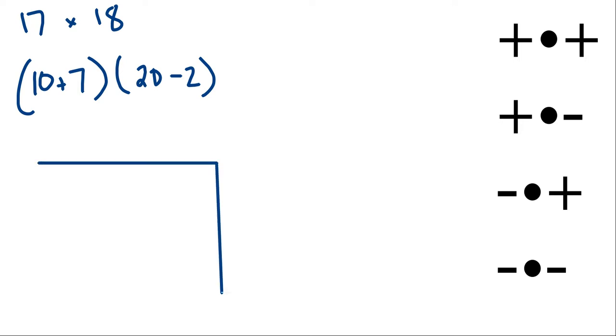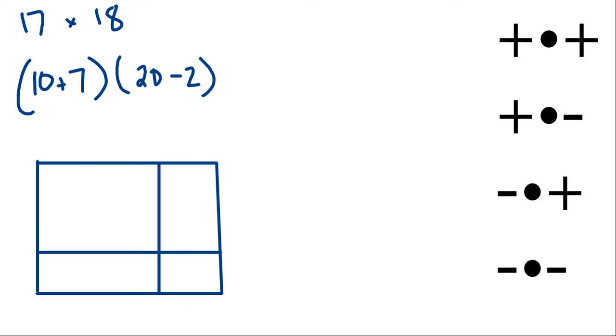It's just a representation, not true rectangles. All right, 10 and 7, 20 minus 2. Well, the 10 by 20 is 200. Positive 7 times 20 is plus 140. Now over here? Well, we have positive times negative.